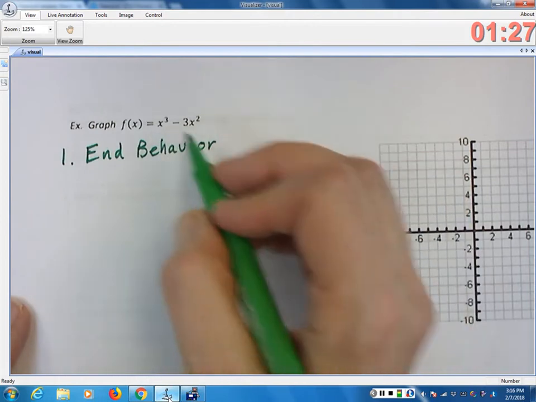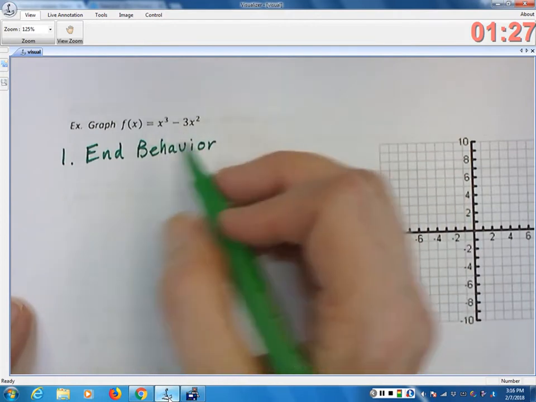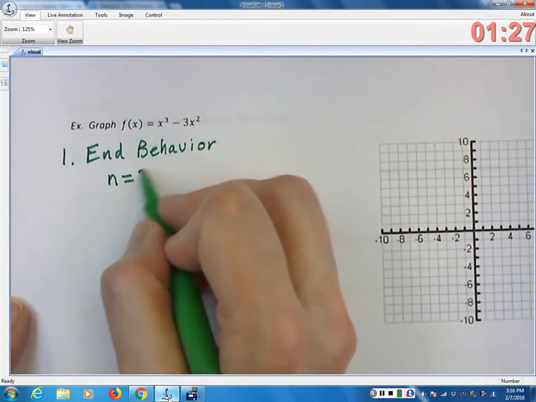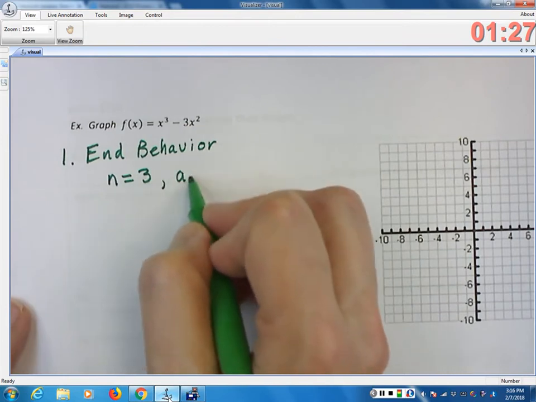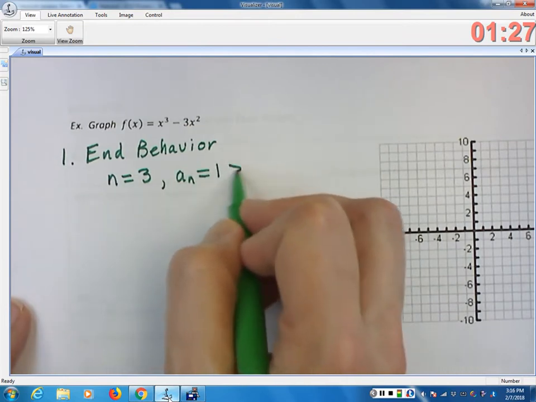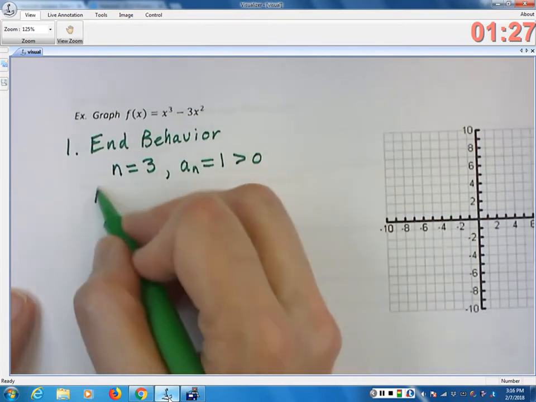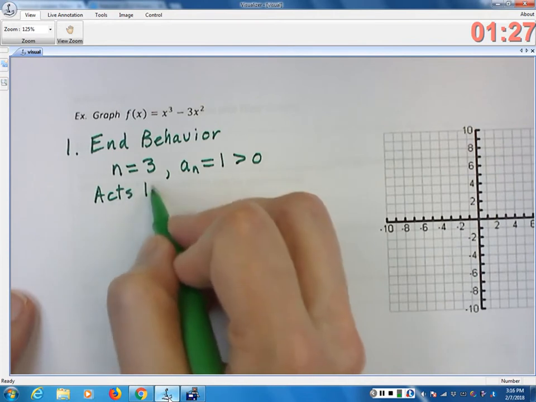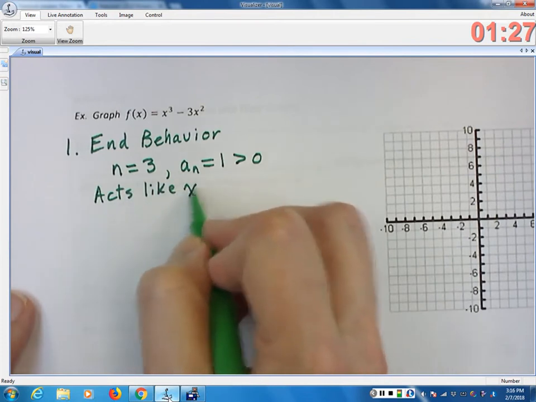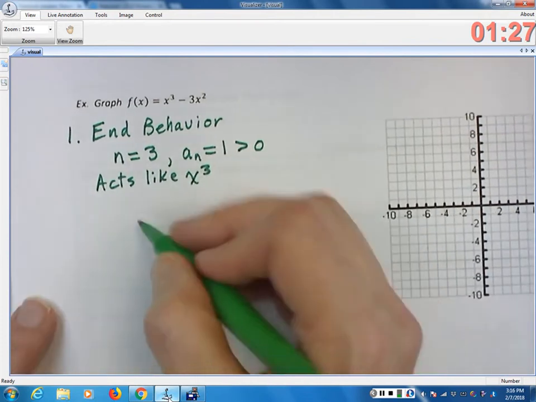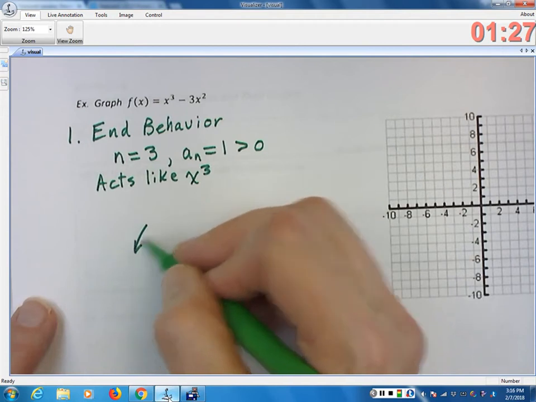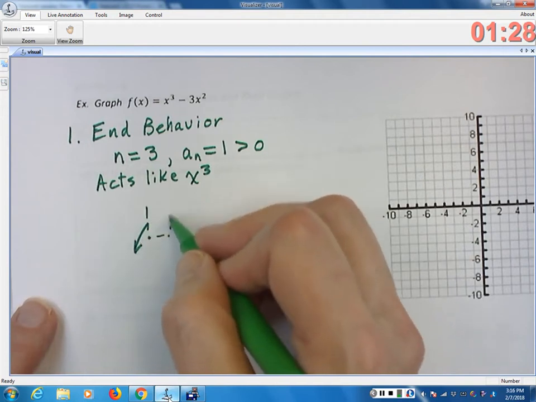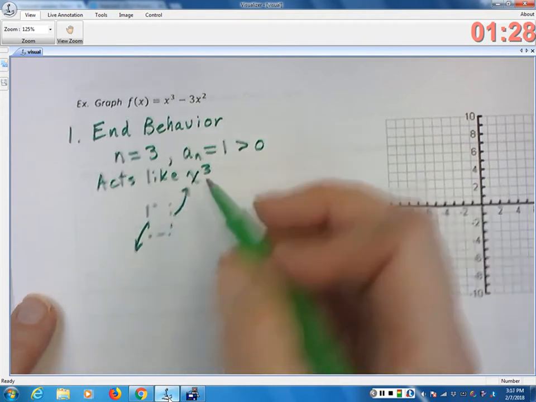The leading term is x to the 3rd. The degree is 3, and a sub n is 1, which is greater than 0. So it acts like x cubed. It falls left, rises right.